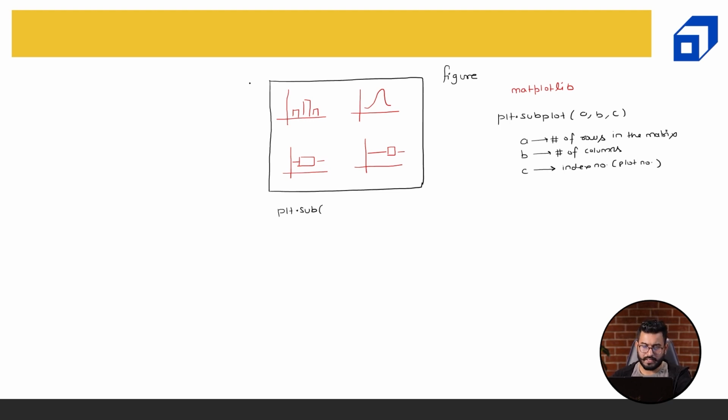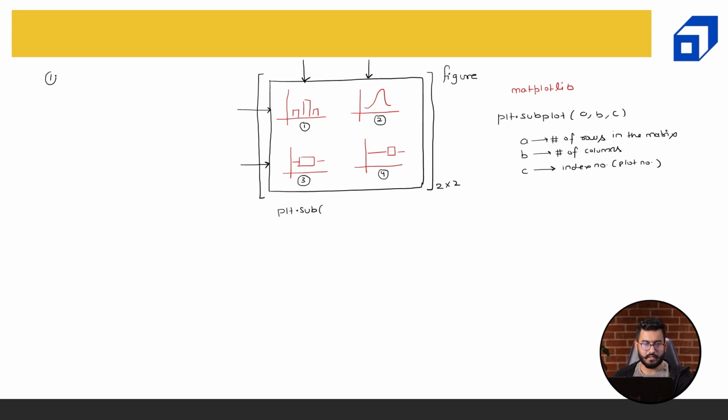So right now, if I consider this to be a matrix, then this matrix is of 2 cross 2 because it is having 2 rows and 2 columns, right? Also, I'll call this plot number 1, plot number 2, plot number 3, and plot number 4. Always remember, your plot numbers are assigned in the zigzag direction.